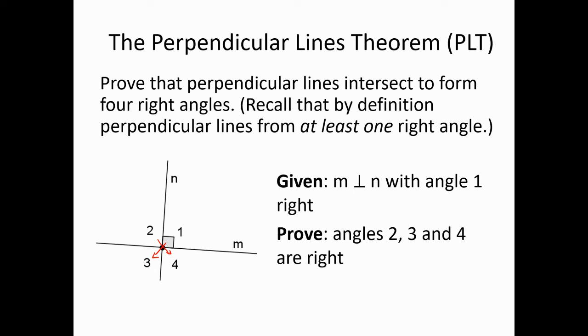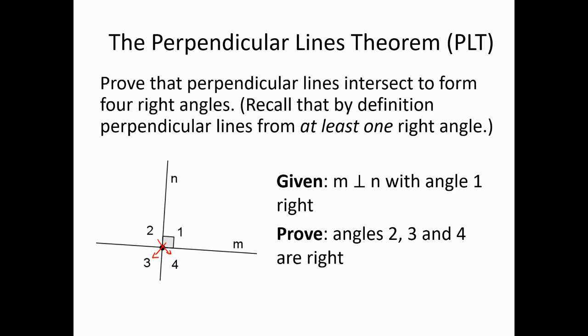They're equal. So if angle 1 is right, angle 3 must be right. And if angle 2 is right, angle 4 must be right. So we could start with a single instance of the linear pairs theorem to get that angle 2 is right, and then make use of 2 instances of the vertical angles theorem to get that angles 3 and 4 are right.